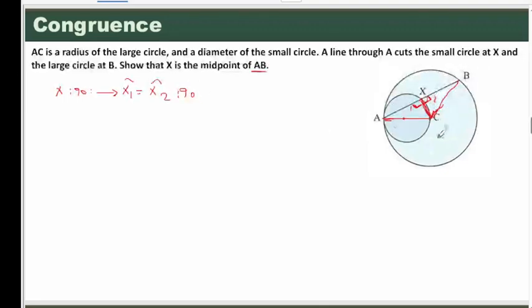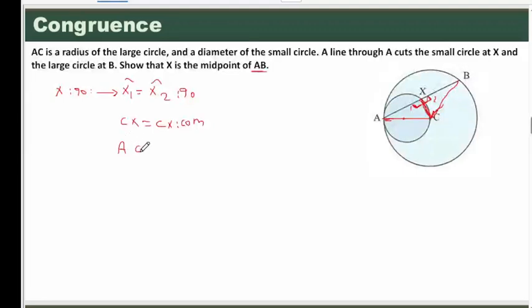And CX equals CX. Common line. I write common. And AC equals CB.